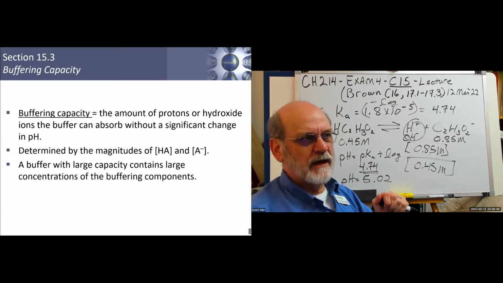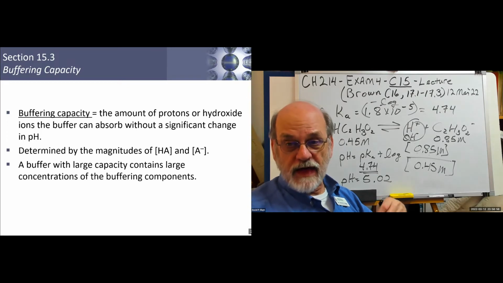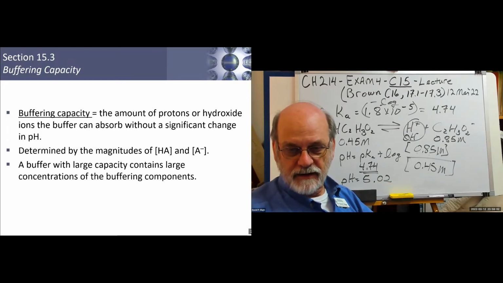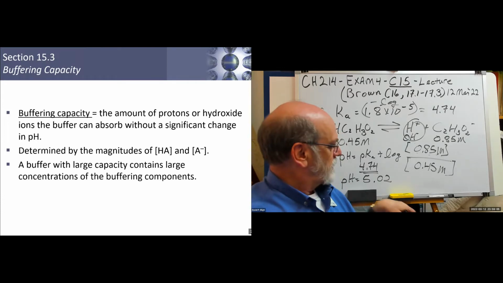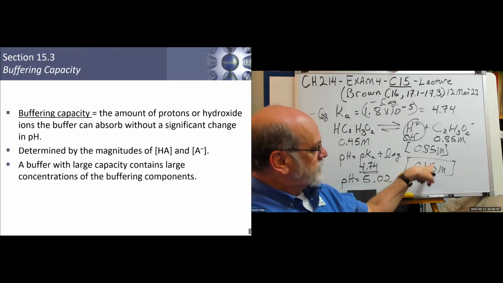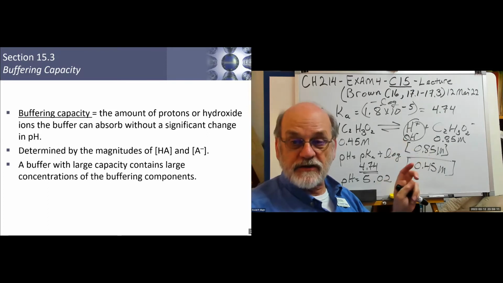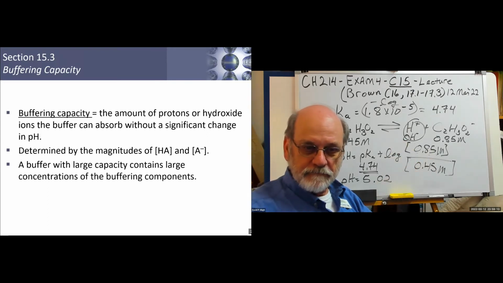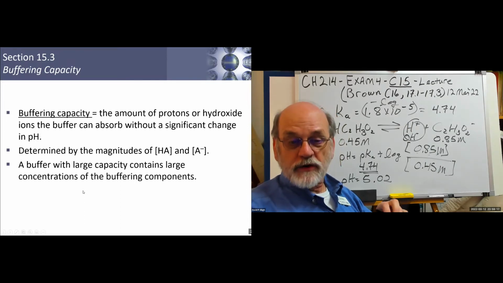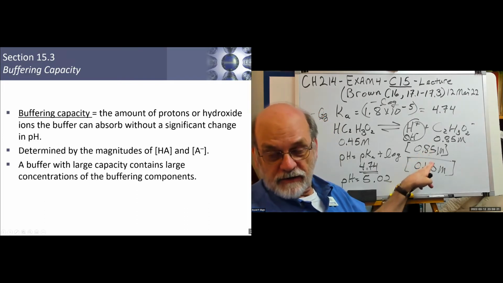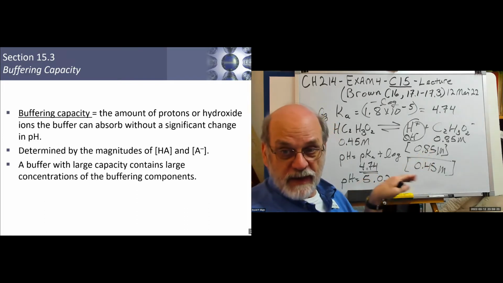And in general terms, we would call that an extensive property versus an intensive property. This determines the intensive property. The buffer capacity determines the extensive property. So in order to have large buffer capacity, you just need large values here in the correct ratio to give you the pH you want.